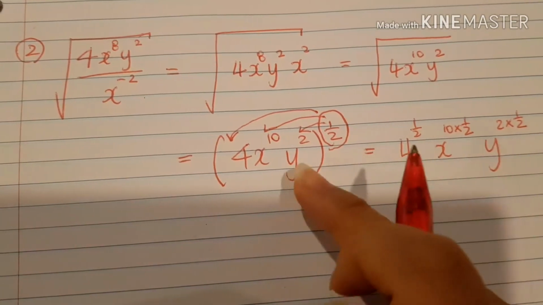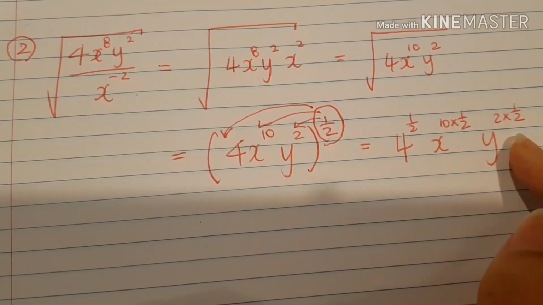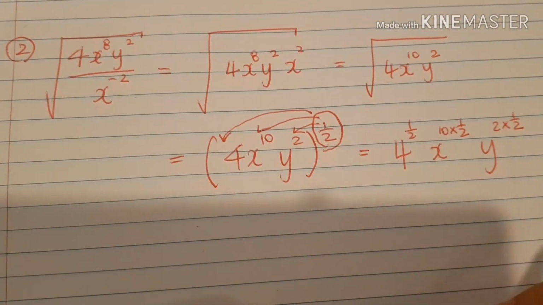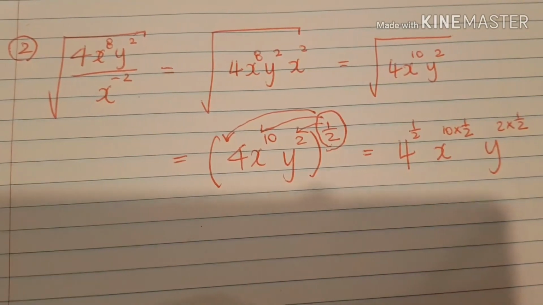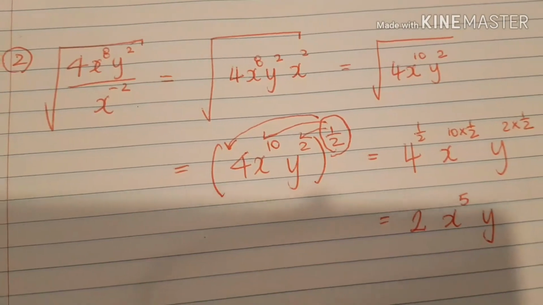Okay, remember powers of power, I'm multiplying those two values. And 4 to the power of a half, don't worry, just use the calculator. This is equivalent to the square root of 4, which would be 2, and this is the final solution.